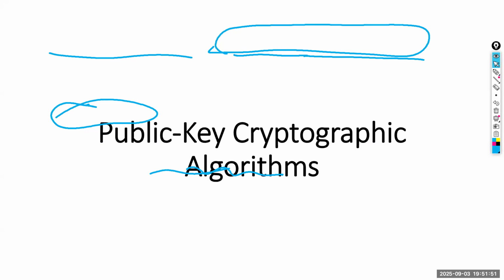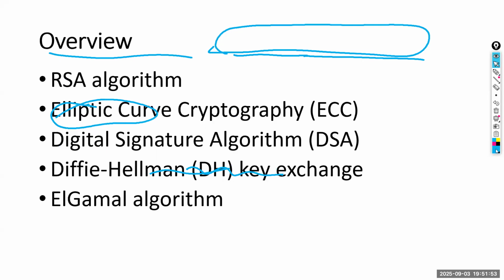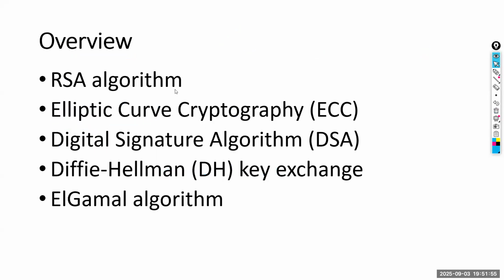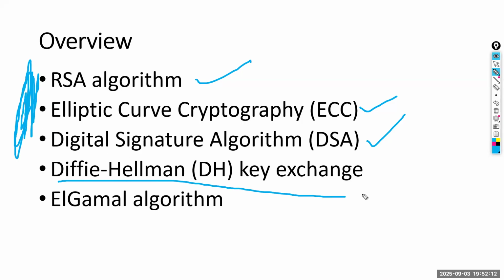So we are going to look at a few algorithms. What are those algorithms? RSA algorithm, elliptic curve algorithm, ECC, digital signature algorithm. Actually, these are the three algorithms we are going to discuss. This other one is not a public key cryptographic algorithm, but it is mentioned in your UCSC note, therefore I took it.